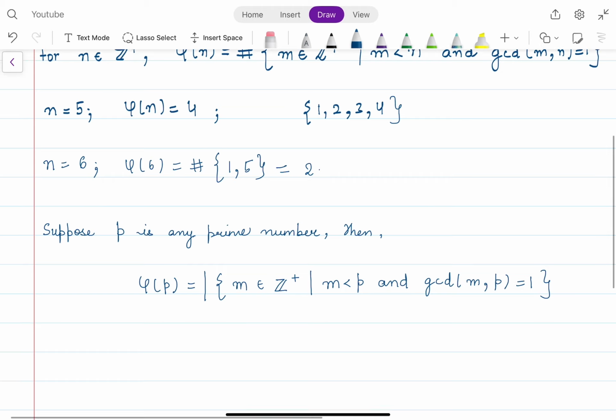So see, we are taking p to be a prime number. So every positive integer which is strictly less than p is coprime to p. So this set will have exactly p minus 1 elements, right? ये जो set है, set of all positive integers which are strictly less than p and which are coprime to p, इसमें सिर्फ p minus 1 elements आएंगे, 1 to p minus 1.